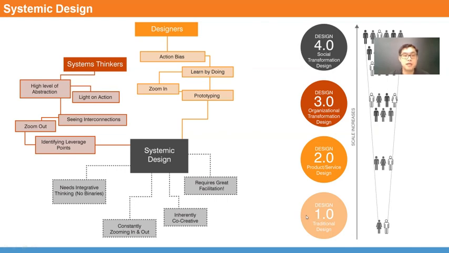Systemic design starts to move beyond traditional design, or design 1.0, through product or service design and organizational transformation design towards social transformation design, where the scale of the complexity increases.